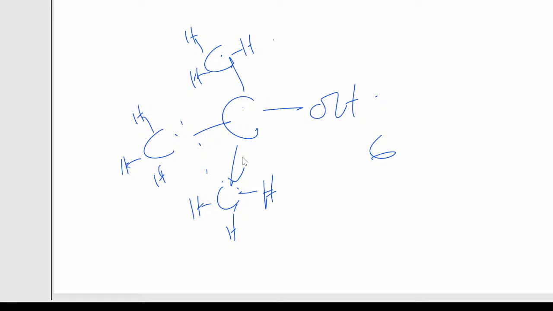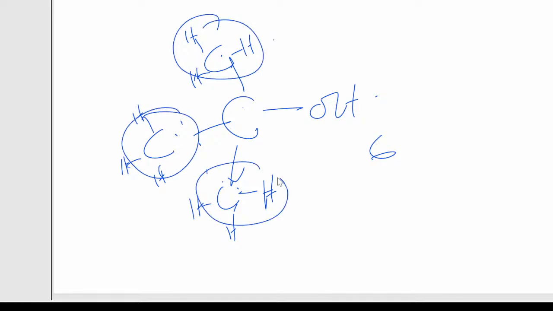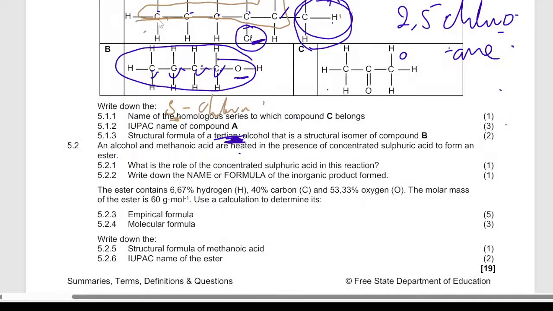Remember, a tertiary alcohol is an alcohol whose carbon with the functional group is attached to 3 other carbon atoms. You see, that's why it's called a tertiary alcohol.